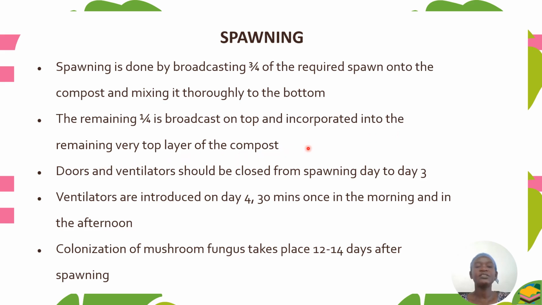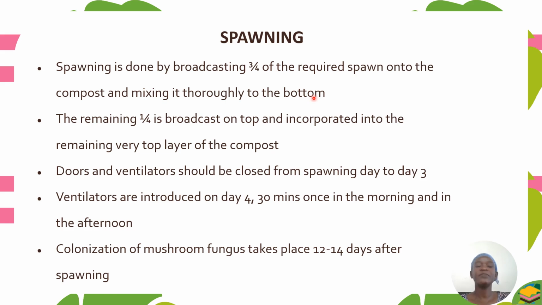So what you do is, as you are getting the compost or the substrates which are already prepared, you add little by little 3/4 of the prepared spawn to the substrate or compost. Then you mix thoroughly.